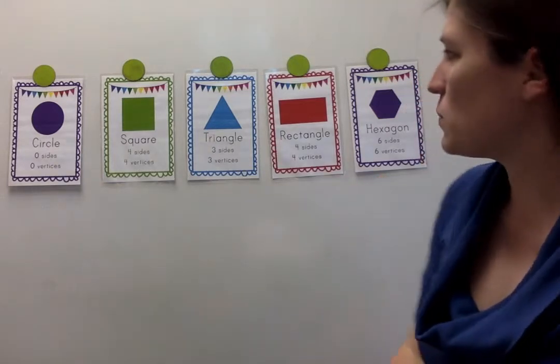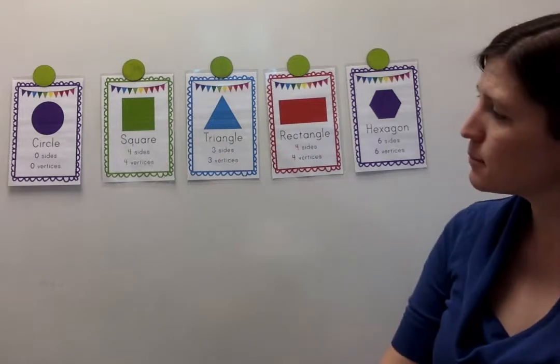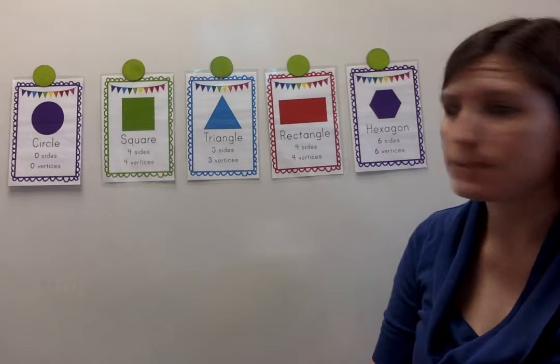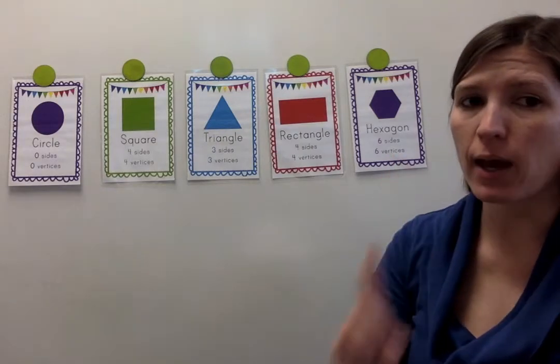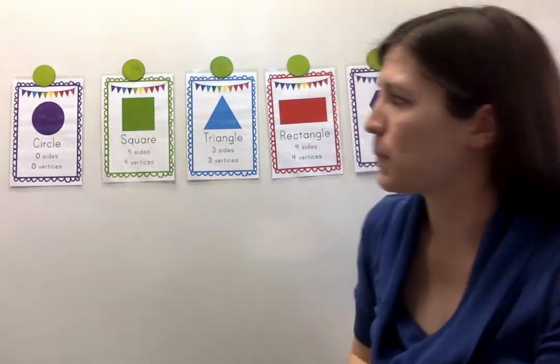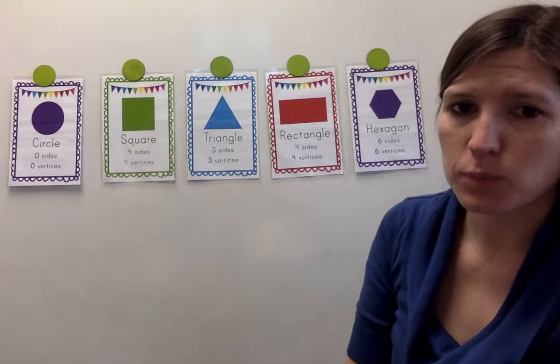Do you see any shapes here that have any curves in them? A curve would be a line that is not straight. We have one shape that has curves, a circle. It is one continuous curve. No vertices and no straight sides.